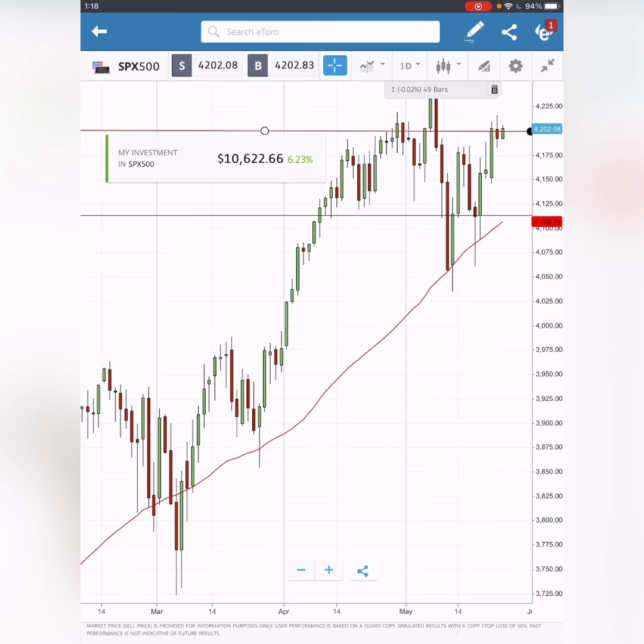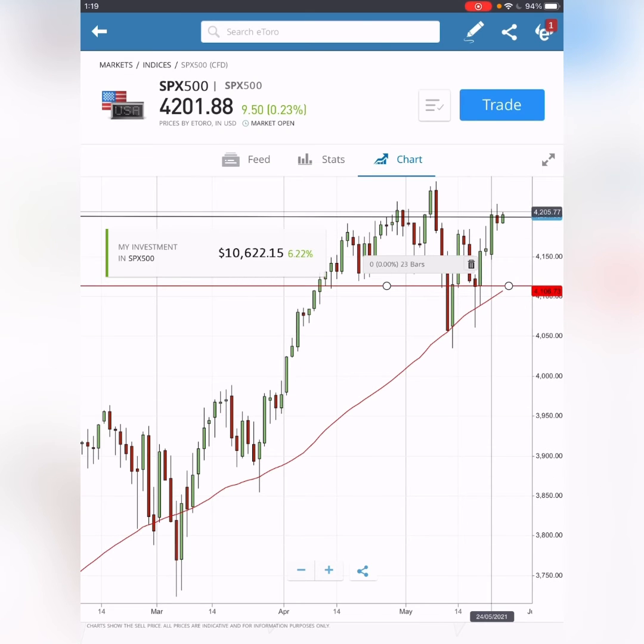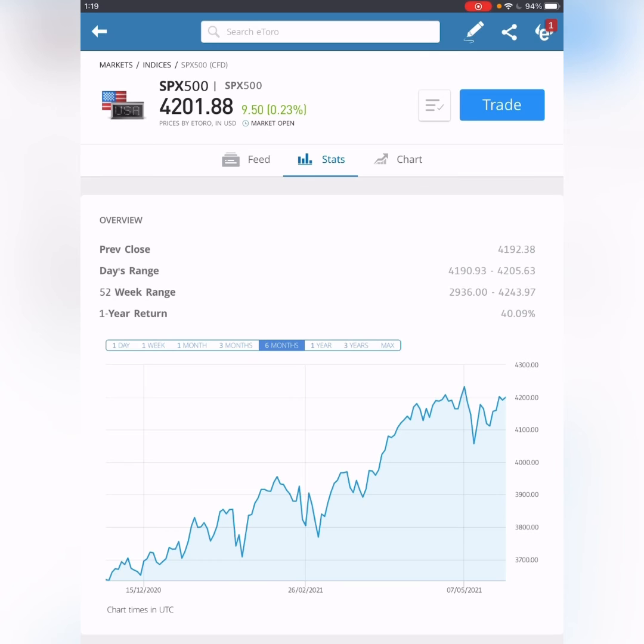What I did just now was plot the levels where I think this is the level of support right here and the level of resistance right here. So now what do I do in the middle? If we look here, let me close this. Stats. It says the day range is 4190 to 4205.